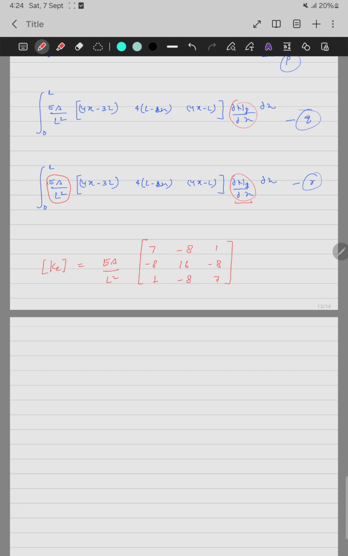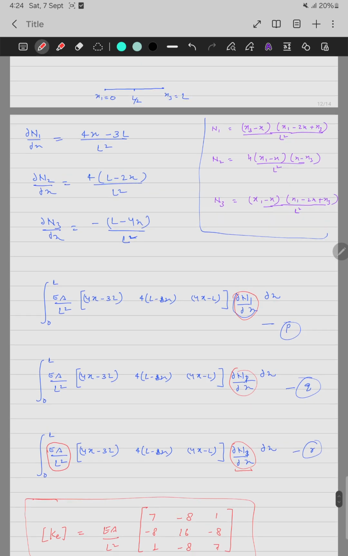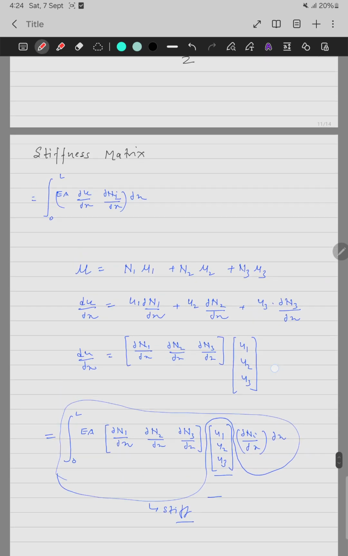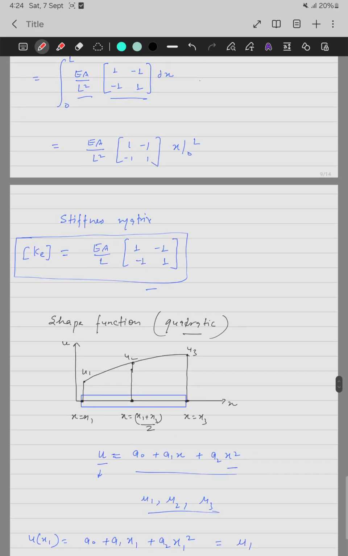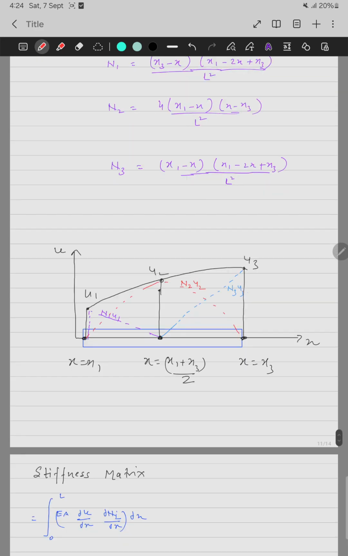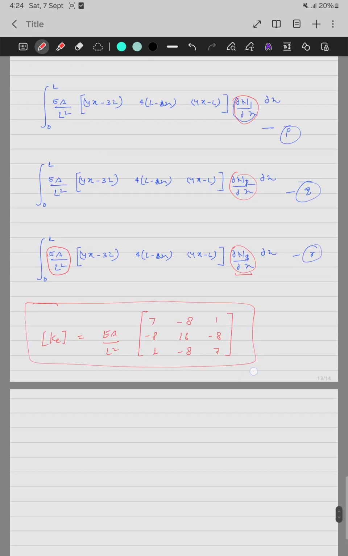This will give us our stiffness matrix for quadratic elements. For linear elements we got our stiffness matrix; this is for the linear element and this is for the quadratic, which I just explained. I think it is clear. So for both linear and quadratic we have this stiffness matrix.